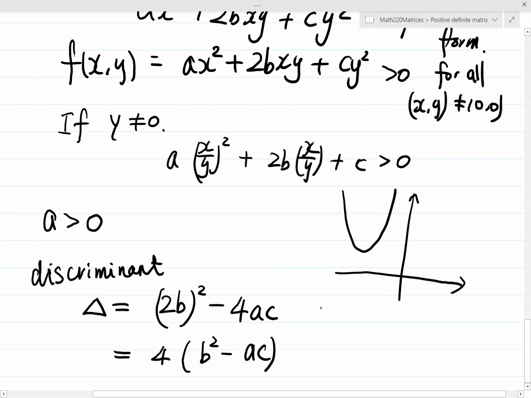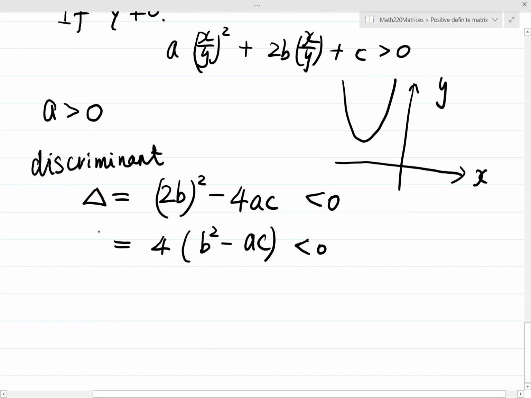The discriminant should be less than 0. There's no real solution. It does not intersect the x-axis. So this tells us that b squared minus ac is less than 0, or you write b squared less than ac.